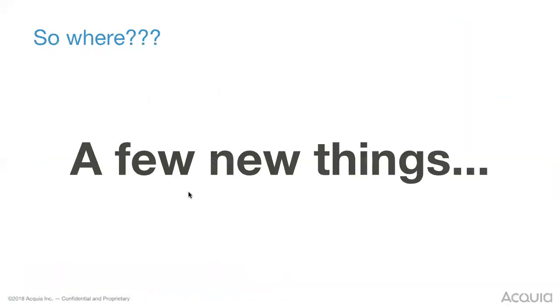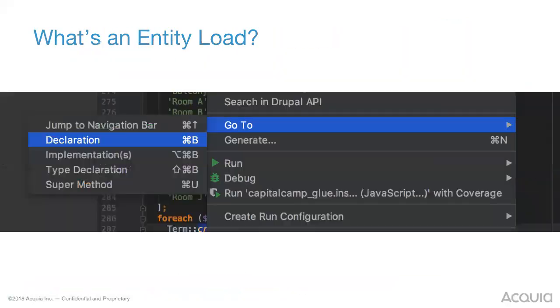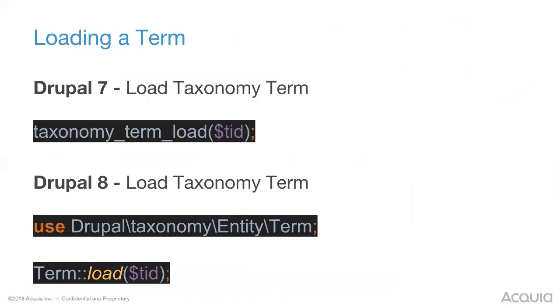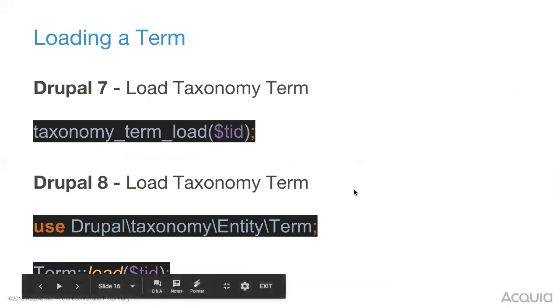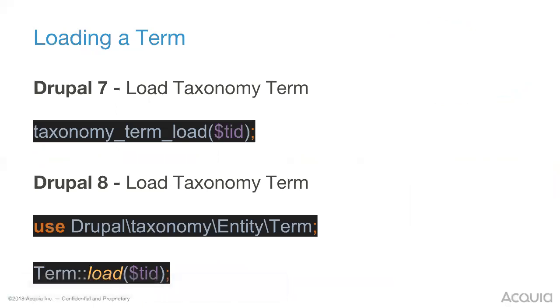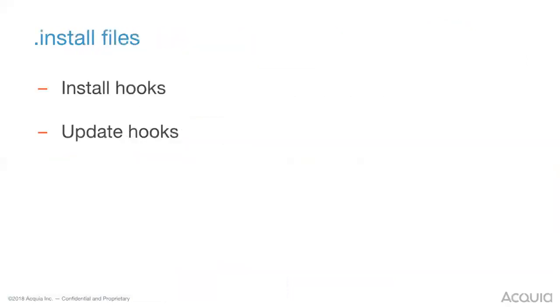And we actually had a little bit better example of that. I'm going to go back a few slides here with this term load, right? That's actually a little bit easier example to look at. So the term load in this case is you are saying, wherever you are in your code, I want to access the load function that exists in the term class. So I'm going to pull that class in and then use it as I see fit.